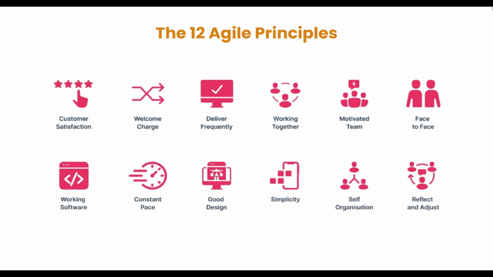After that discussion, you can figure out what has some scope to improve, and then you discuss with the team, agree on some action points, understand who is responsible to implement those action points, and move ahead. So that is what reflect and adjust. We keep improving ourselves at the end of every iteration, and that's what brings a culture of continuous improvement. So these are the 12 agile principles which are expected from any agile team.